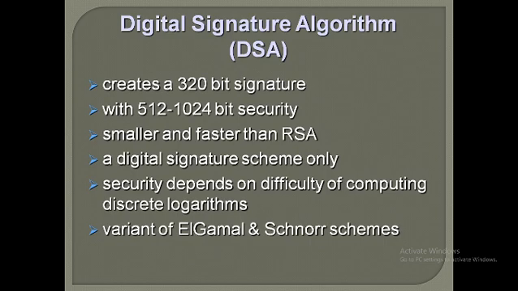It is smaller and faster than RSA because it is not encrypting the entire message, only the hash value is being encrypted. So the size is small and it is much faster than RSA. It is a digital signature scheme alone, not encryption. And the security depends on the difficulty of computing discrete logarithms, and it is a variant of the ElGamal and Schnorr schemes.